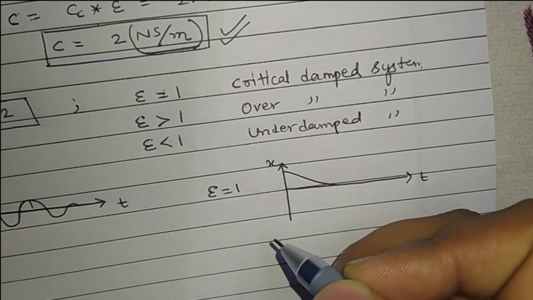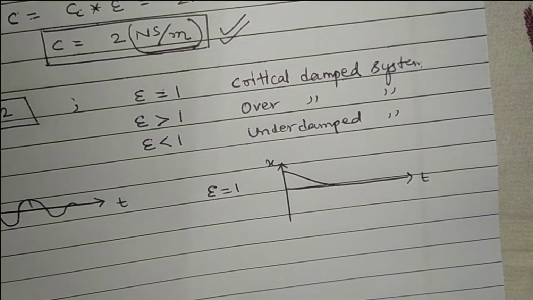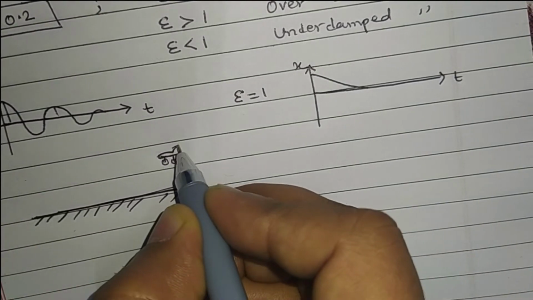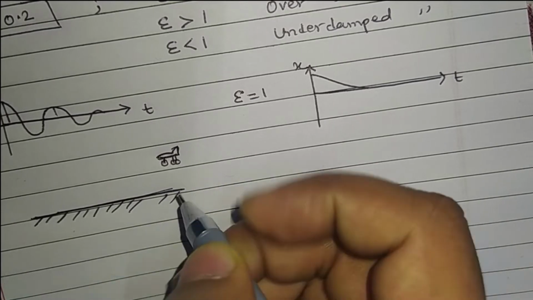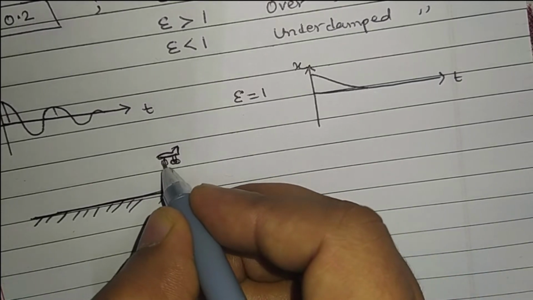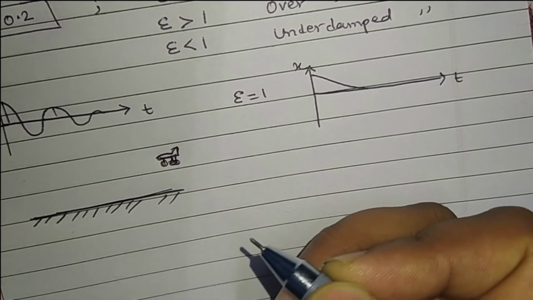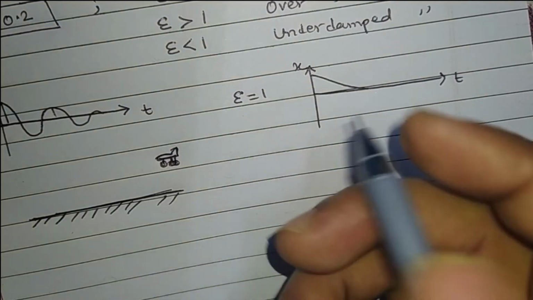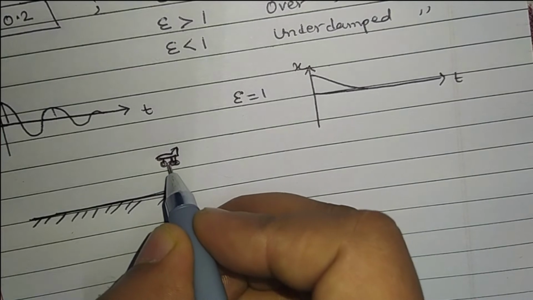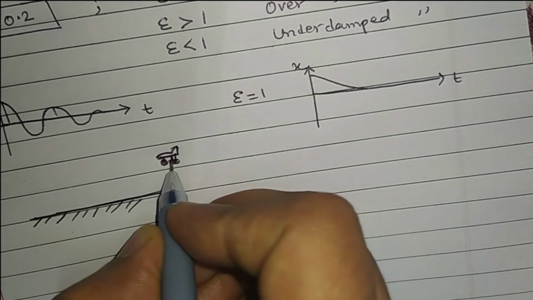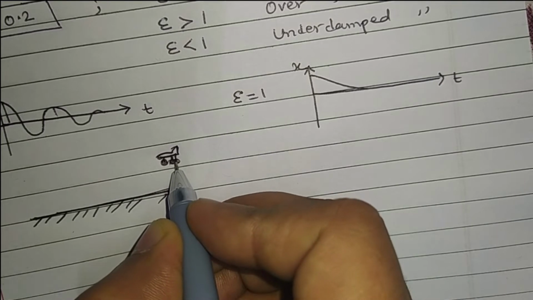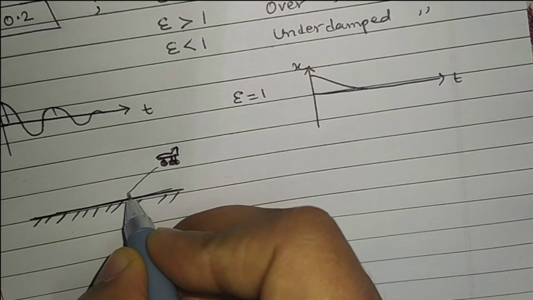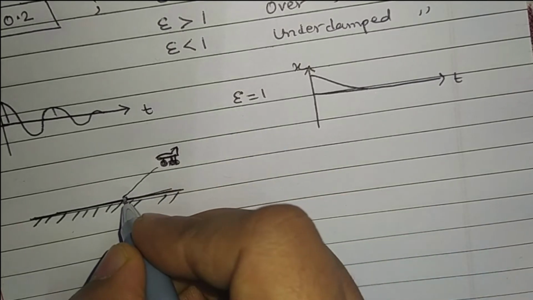So what is the significance of the critically damped system? For example, this is the runway and this is the airplane or aircraft, and these are the landing gears. As we know, the landing gear consists of a shock absorber. So if the shock absorber, or damping system, present in the landing gear is not critically damped, then what will happen? It will come down and then again jump.